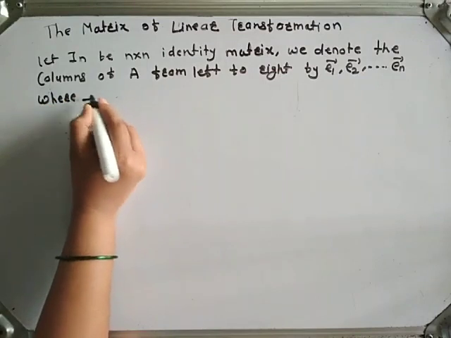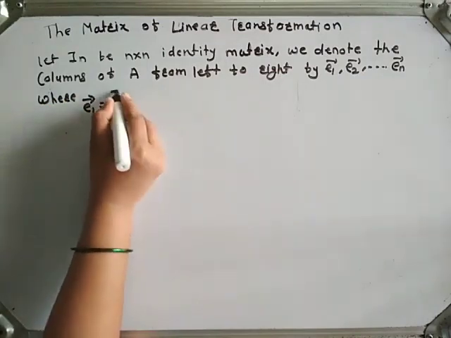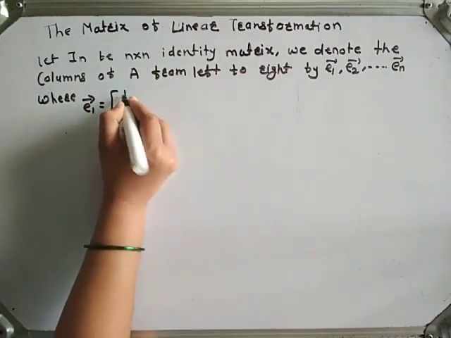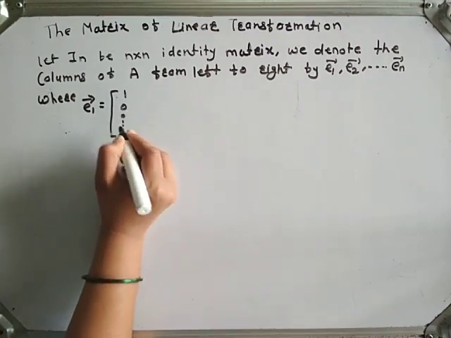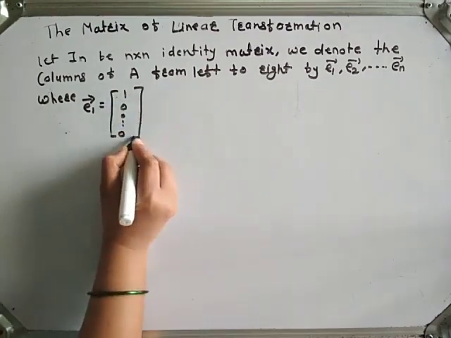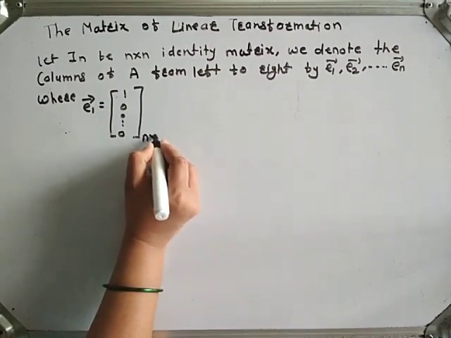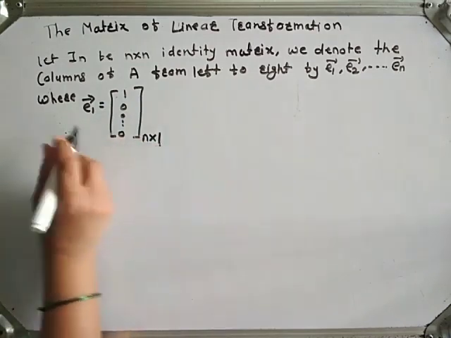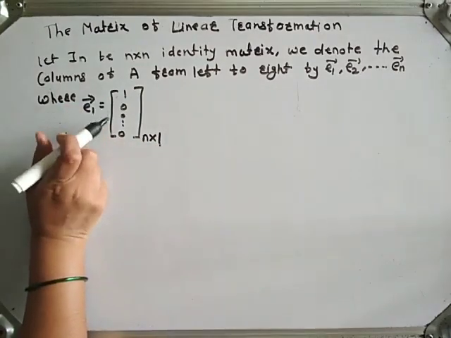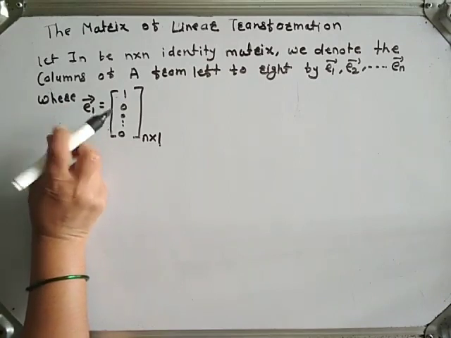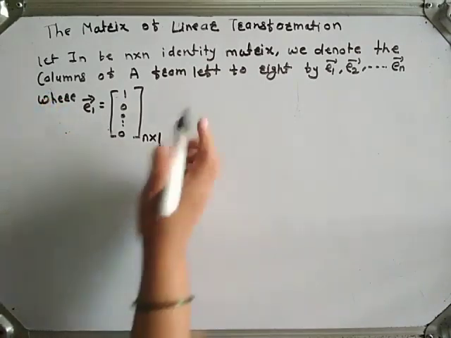E1 bar is equal to the matrix 1 0 0 and so on up to 0, and the dimension of this matrix is n by 1 because this matrix contains n rows and only one column.